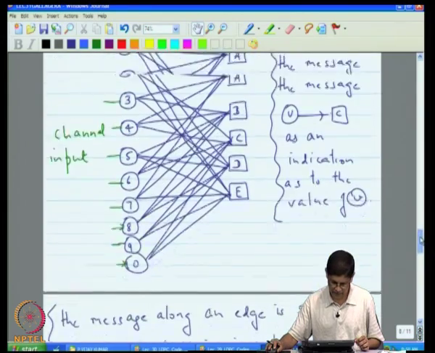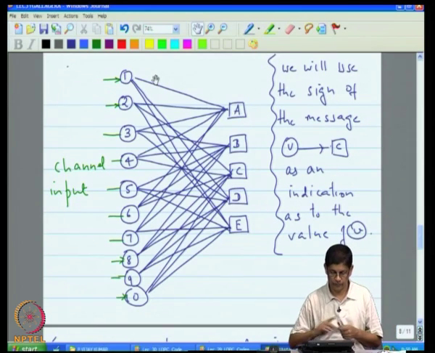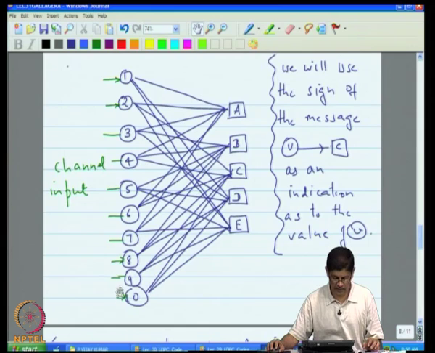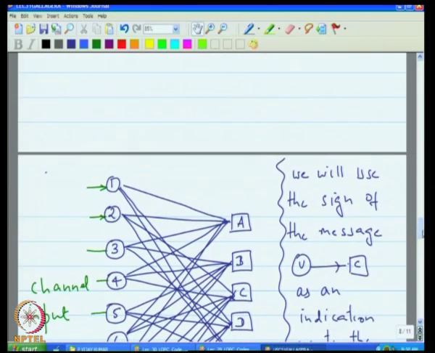He specified that at a variable node, the rule is that initially whatever the incoming message is, that message is passed out, and subsequently the message that is passed out of a variable node is precisely whatever comes in from the output of the channel, unless all the other messages override it.